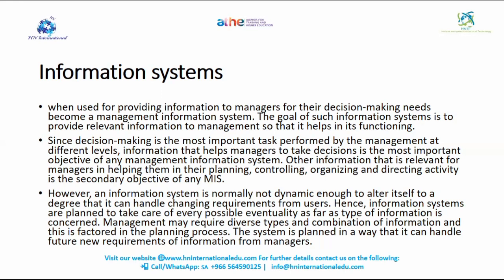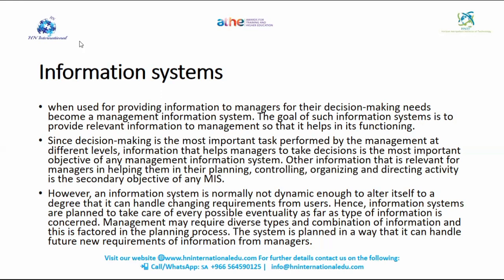So whenever you are dealing with the information system, these are the things that are given to you and you can use them to make the overall working better. It helps the managers to plan everything easily, to control the processes easily, and organize the overall procedure or the activity of the information system. However, an information system is normally not dynamic enough to alter itself to a degree that it can handle changing requirements from users.